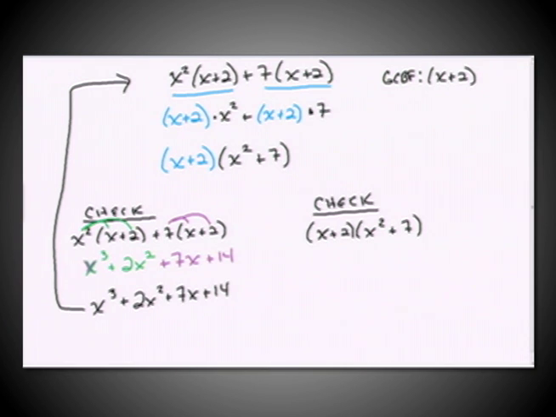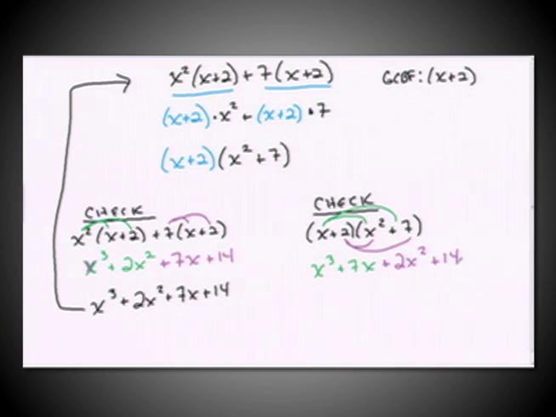So once again, moving to distribution, we'll distribute that x to both the terms in the second binomial, and then we'll come back and distribute the 2 to both terms in the second binomial. x times x squared is x cubed. x times 7 is positive 7x. 2 times x squared is positive 2x squared. And 2 times 7 is positive 14.